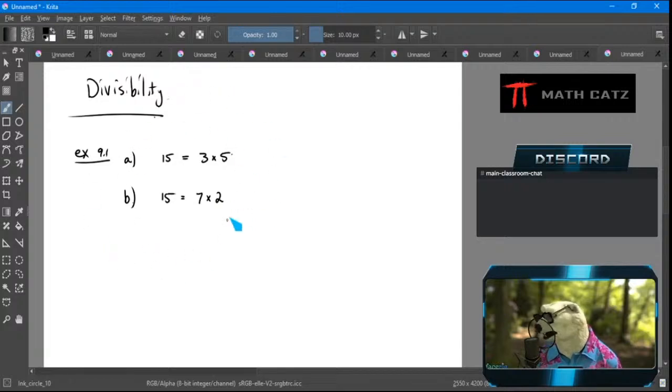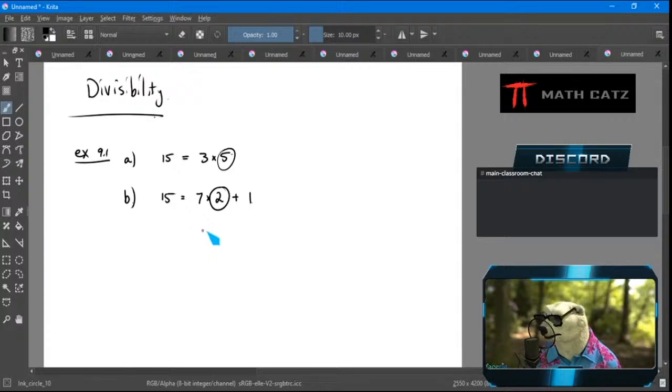Remember, everything here is just integers, no decimals or fractions. That is going to get me to 14. I'm going to have to add one more to actually get to 15. So where 5 fits perfectly into 15, 2 doesn't work as well. I'm going to have a little bit of room between the 14 I can reach and the 15 that's my target.